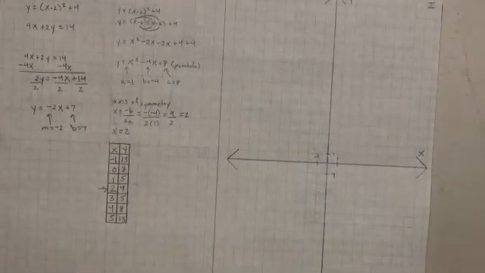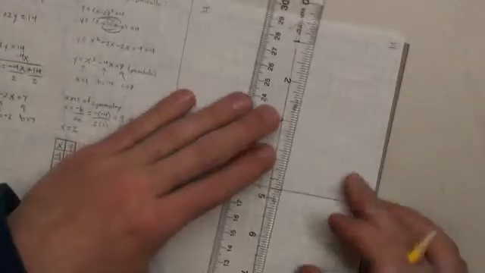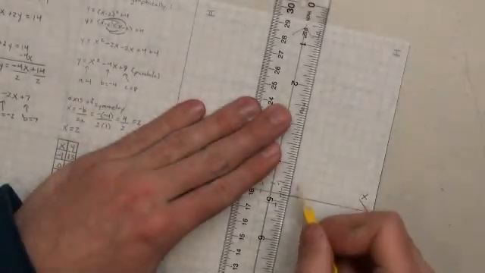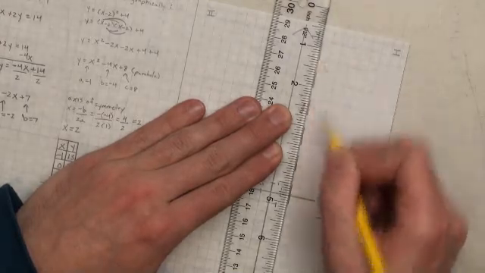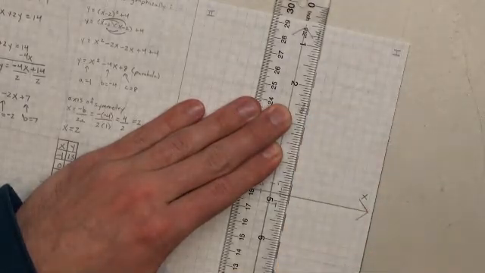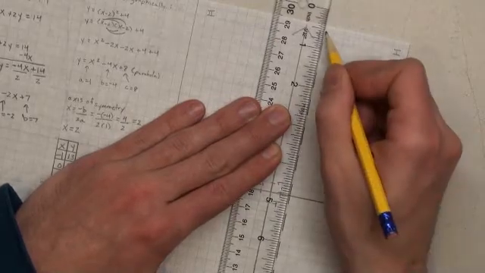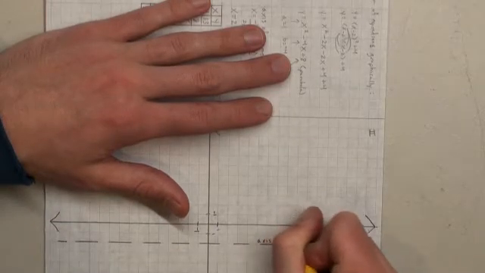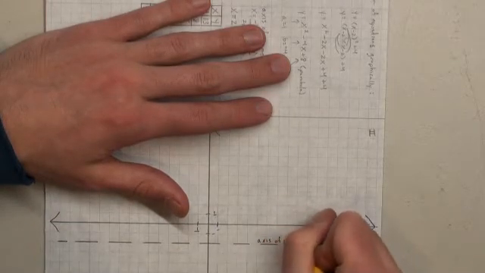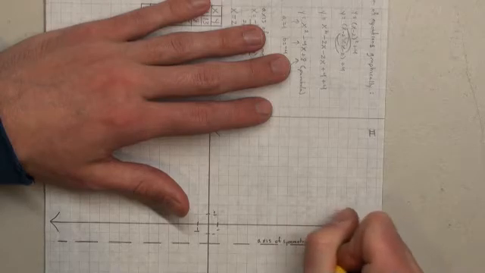So I'm going to start with the axis of symmetry, which is at x equals 2. I'm going to put it right on here. Axis of symmetry is x equals 2.